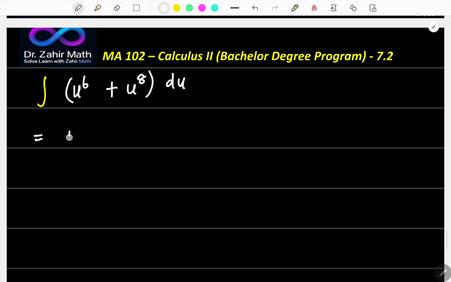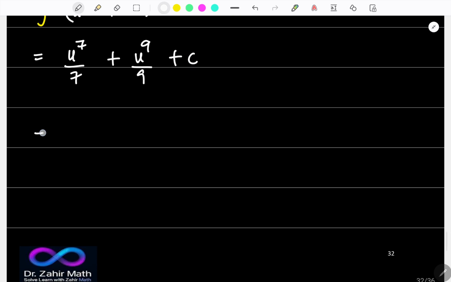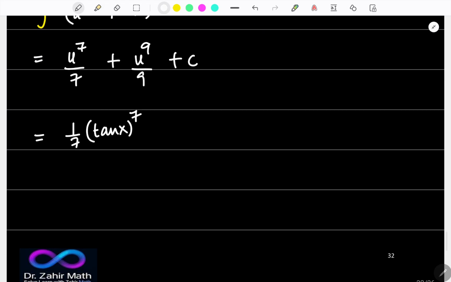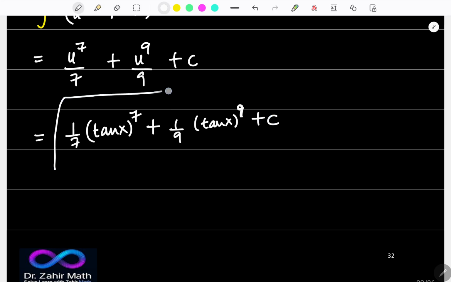So this equals u power 7 by 7 plus u power 9 by 9 plus integrating constant c. What is u power 7? It is 1 by 7 tan x to the power of 7, because tan is u, and then plus 1 by 9 tan x to the power of 9, plus integrating constant c.